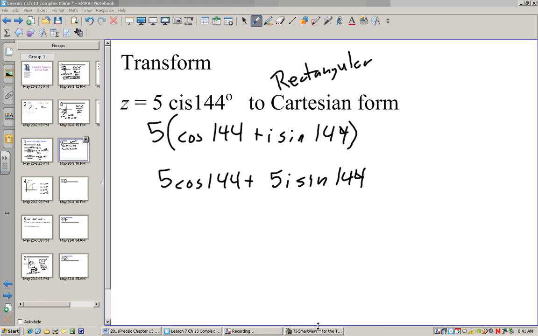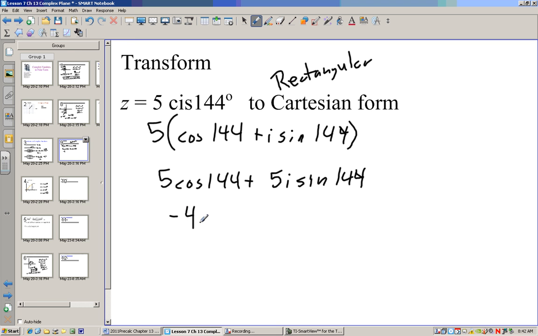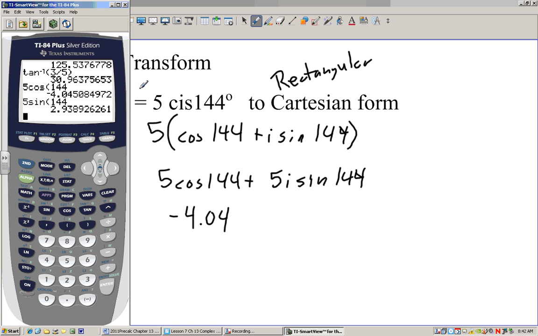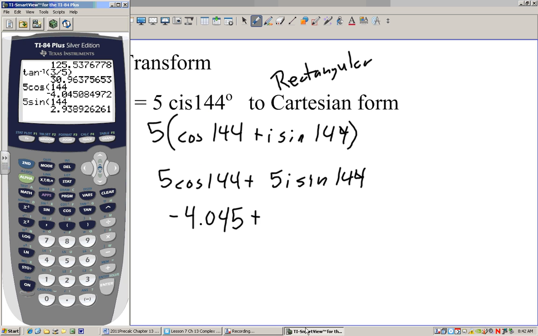And if I bring up my calculator, 5 cosine 144, 5 sine 144, those give me my two values. So my real part would be negative 4.04, I believe, and my i part would be 2.94 i.